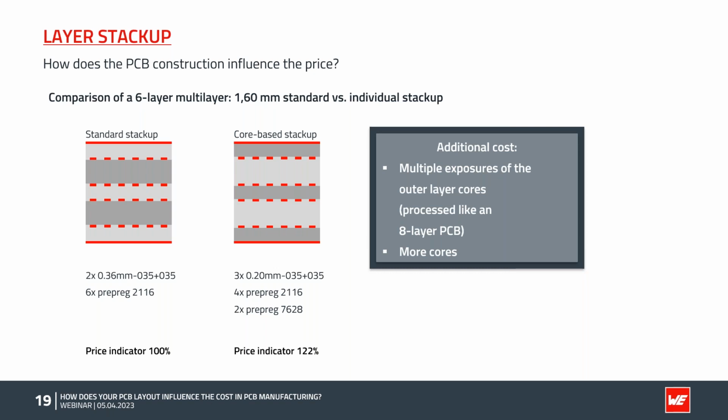You still have the 6-layer build-up. You even have the same distances in between the layers, just a different stack-up of prepregs and already hardened cores, and the different handling and processing behind it gives you an increase of price. So if we get this stack-up suggestion from you, we normally get back to you and ask, can we change this to a foil lamination stack-up compared to a core-based stack-up?